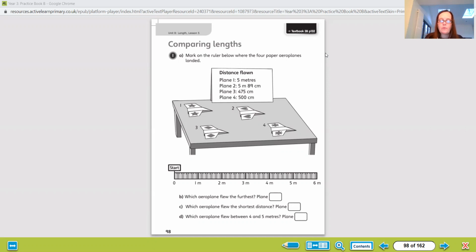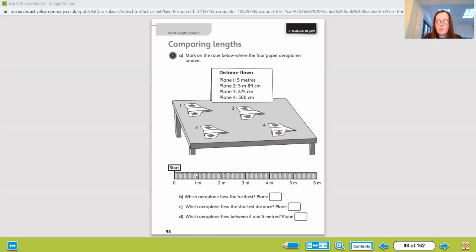So let's have a look at what question 1 asks. Question 1 asks us to mark on the ruler below where the 4 paper aeroplanes landed. And here is our ruler, and our ruler is going up in meters. We count the gaps, 1, 2, 3, 4, 5, 6, 7, 8, 9, 10. There's 10 gaps.